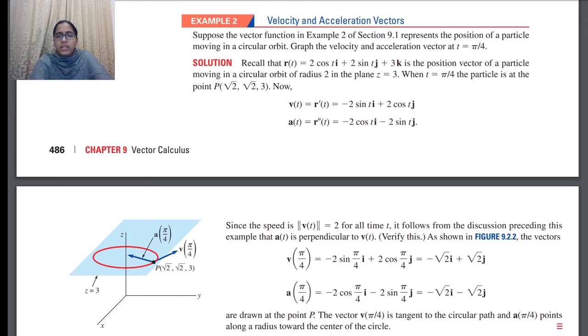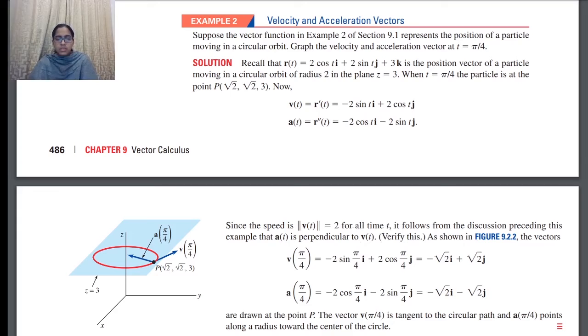Now if you see the magnitude of v of t, we will get it to be the constant 2, that is root of 2 square sin square t plus 2 square cos square t. Now we can take 2 square common, so the remaining will be sin square t plus cos square t, which is 1. So that will be root of 2 square, which is 2.